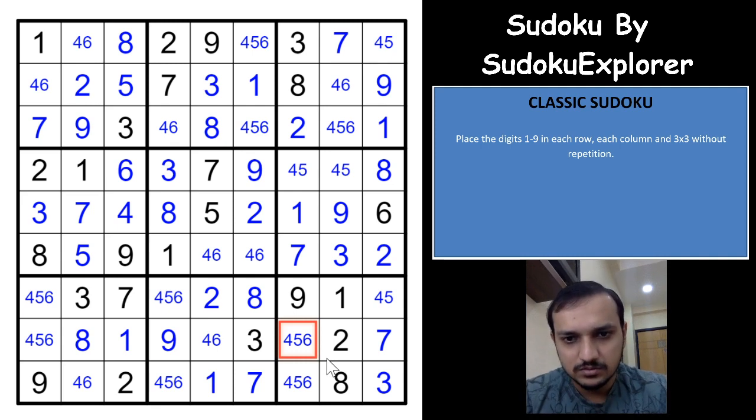Come on guys, a Y-wing. Let's look out for a Y-wing. If we have one, you have a 4, 6 here and a 4, 5 here. You need 5, 6.